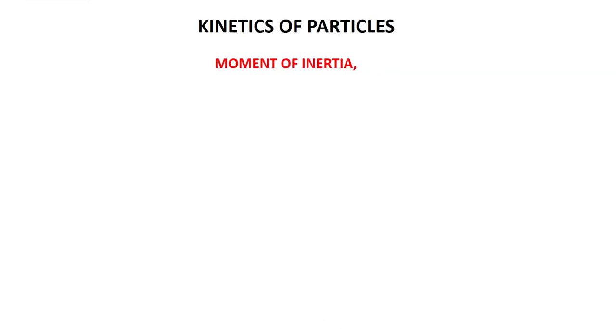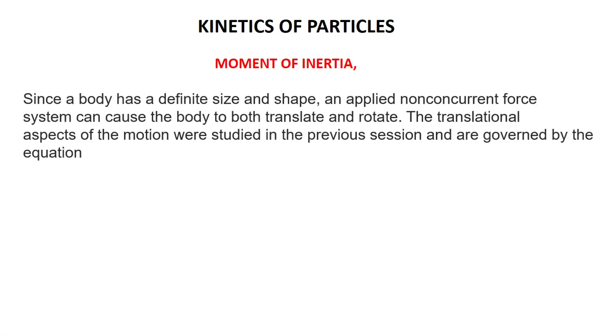So kinetics of particles. We first need to understand one thing here. For instance, if you have a body which has a fixed size and shape, an applied non-concurrent force system can cause the body to both translate and rotate. And if you remember very well, we talked about finding the force of a translating body.